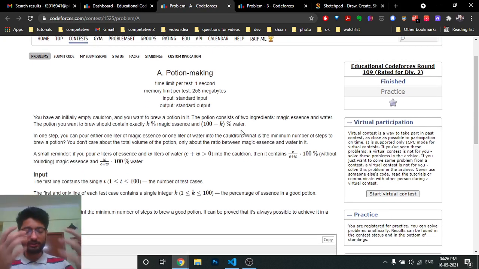It states that you can assume that you have a container, and you have to pour some amount of magic essence and some amount of water into that bucket, such that you create a magic potion which has k% of magic essence and 100 minus k% of water.